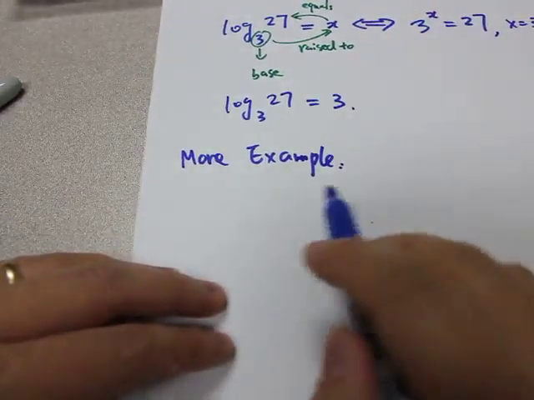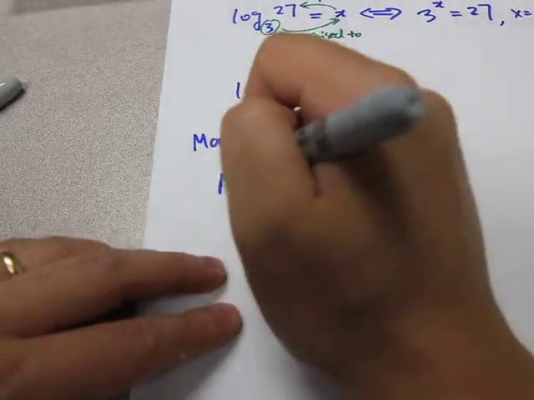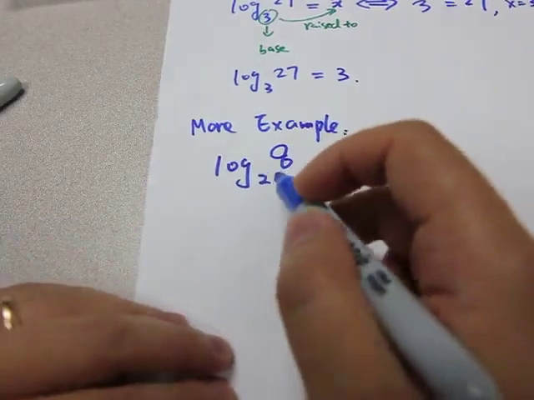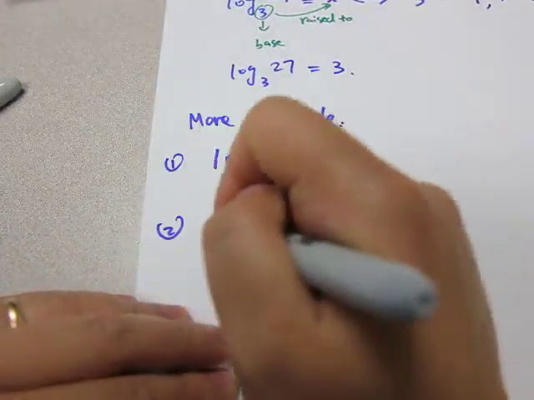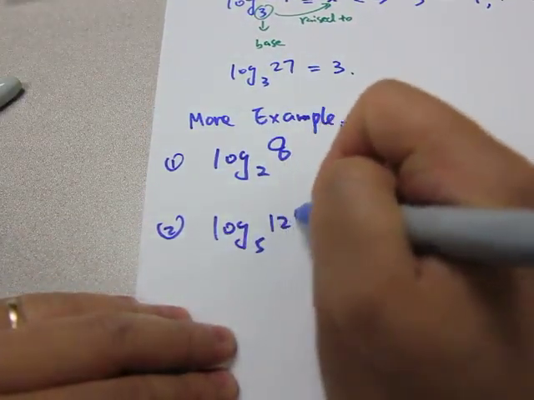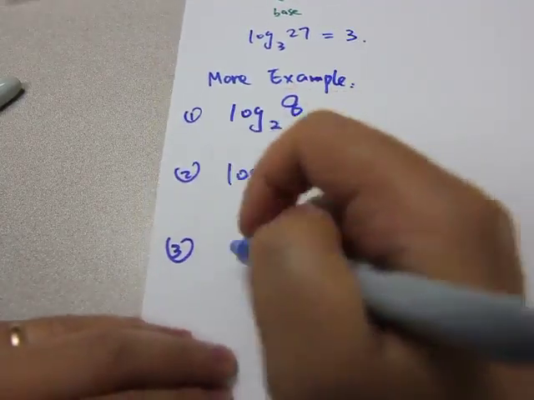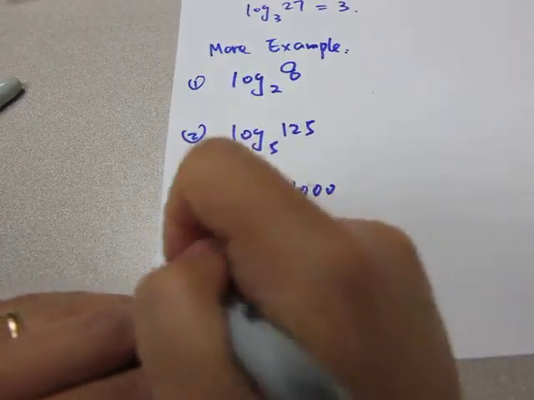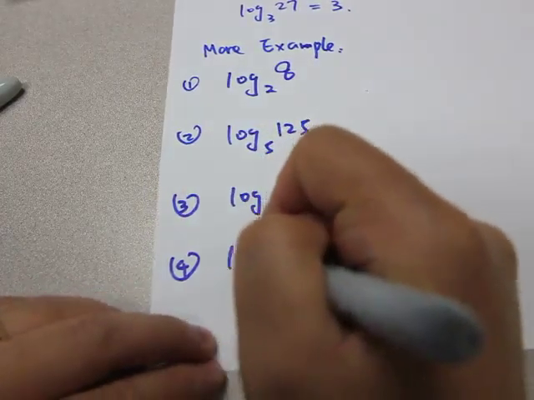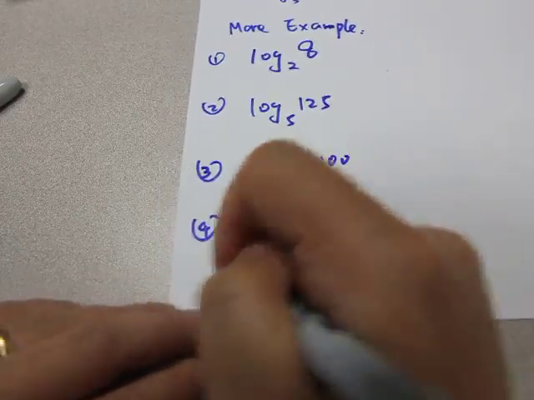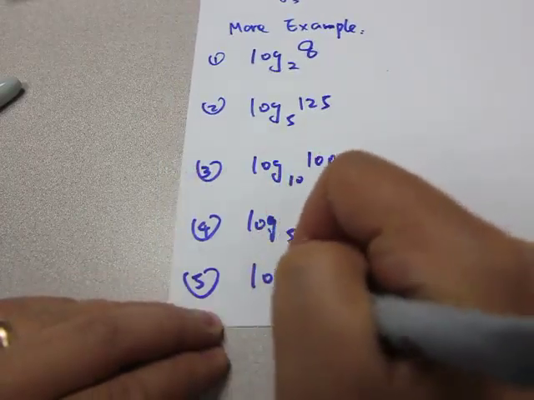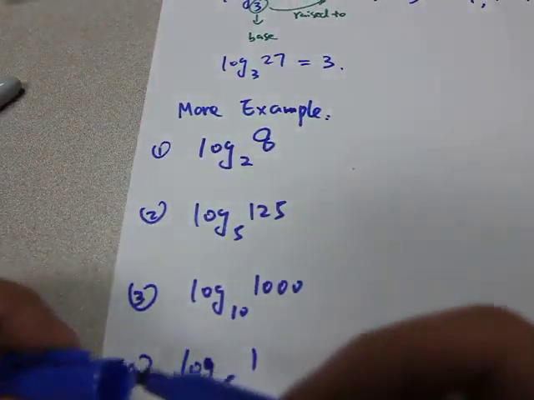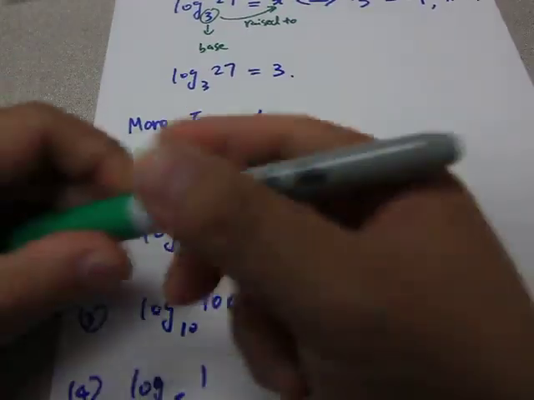Now let's take a look at some other examples. Here we have log 2 of 8, log 5 of 25, log 10 of 1000, log 5 of 1, and log 2 of 1/8.